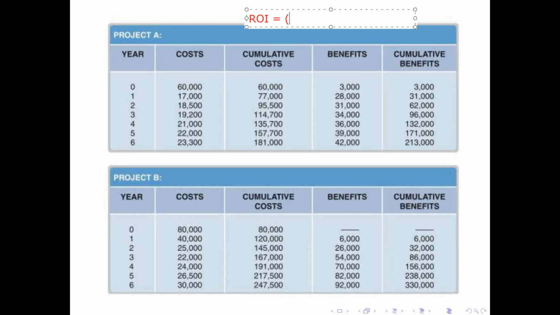We have to look at it. We have 213,000 minus 181,000, divided by 181,000. So this is called ROI, return on investment.